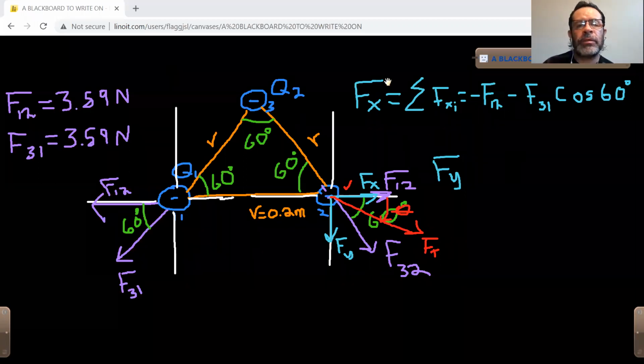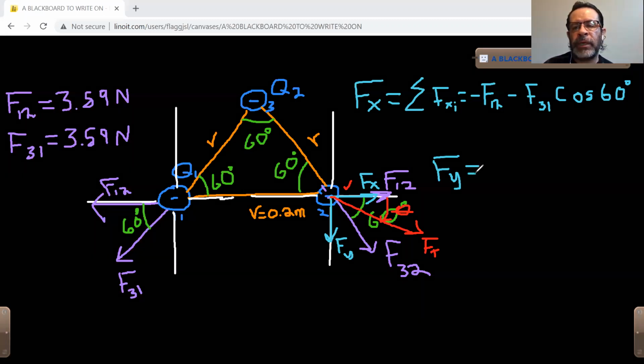Fy is going to be the y component, which is going to be minus F31 sine of 60 degrees.